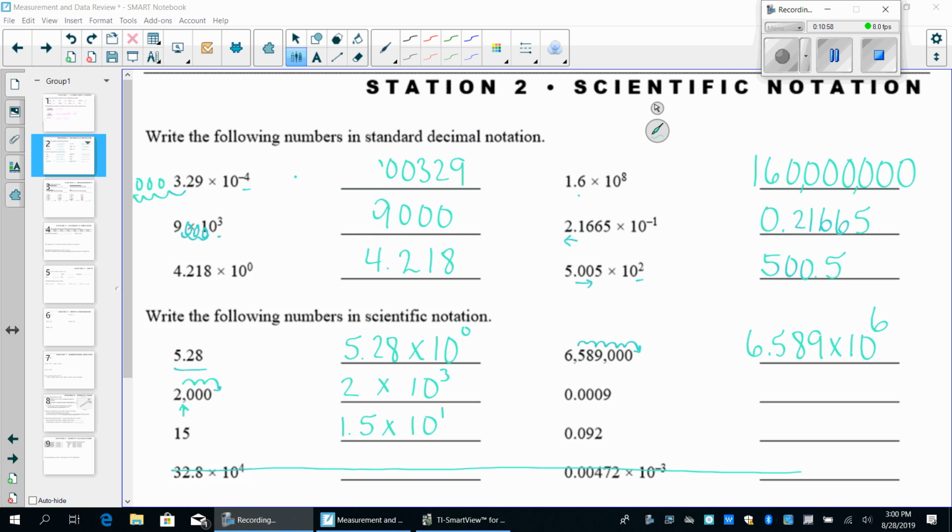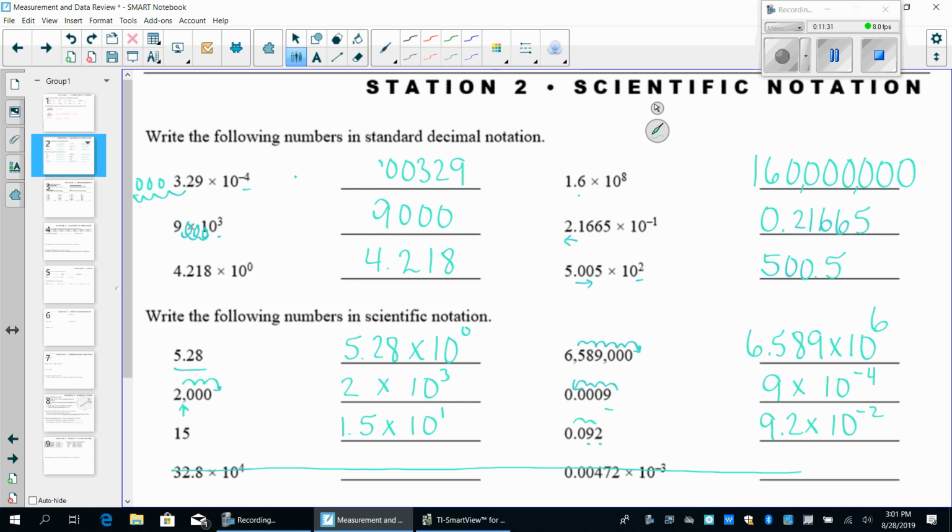This one right here, since your 9 here is the only one in that number that is significant, that is all that can show at the beginning. So times 10, and if you move your decimal place here, it's going to have to go to the left 1, 2, 3, 4 places. So to the -4. And then these two are significant here, so that's written as 9.2 times 10 to the, and that would have to go back 2 places, -2.